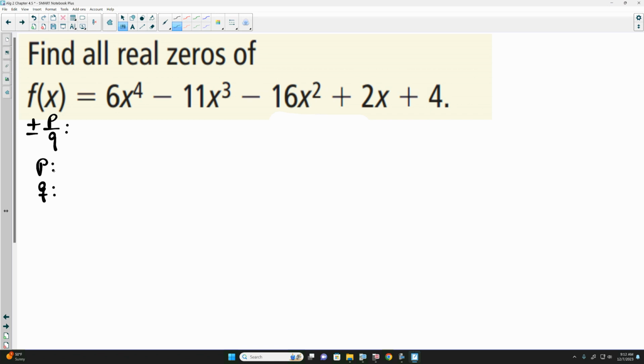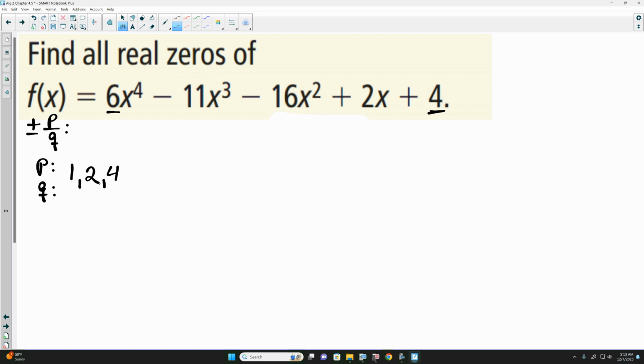Our plus or minus p over q, where p is the factors of the constant term and q is factors of the leading coefficient. Everybody have a calculator that needs one? Yes? So p, we'll start with p. Factors of the constant term, 4, would be 1 and 4 and 2.